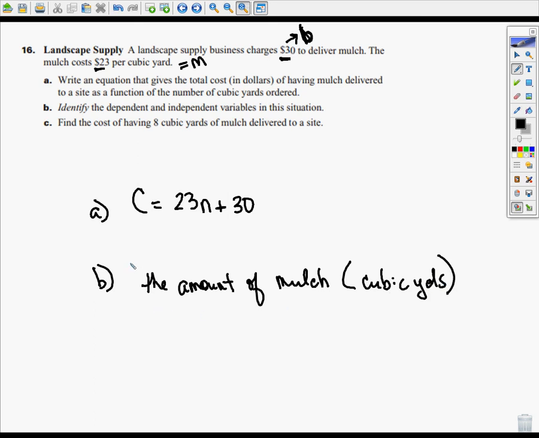So that is the independent. The dependent variable is the cost.